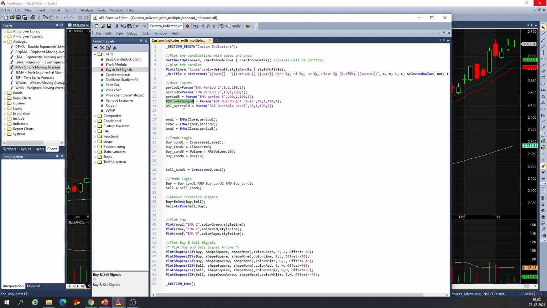So RSI overbought and oversold are the variables which are dynamic.